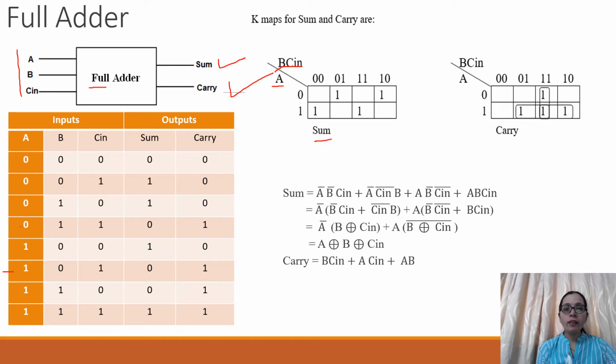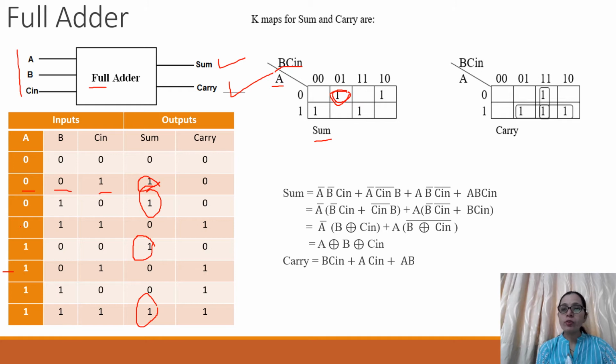Now for drawing the K-map of sum, whatever are the 1 values for respective A, B and C in, those are put as a 1. So for example, 0, 0, 1. When A is 0, B is 0 and C in is 1, the value of this cell is 1. Similarly, others are 1. How many ones are there? 4 ones are there, and therefore in 4 cells the 4 ones are shown.